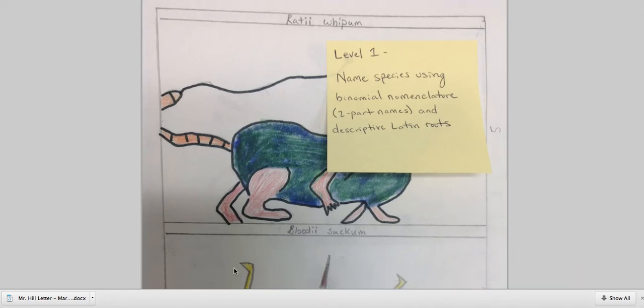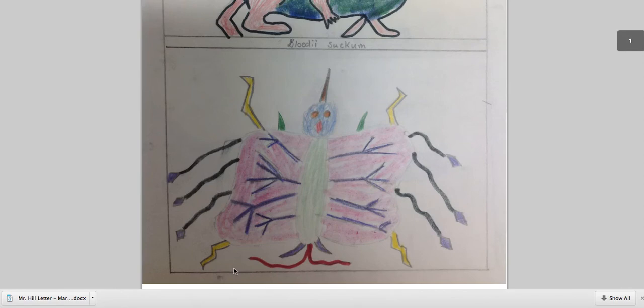Based on the picture of the organism that I've provided for you, you have to give it a name. I had to draw them when I was your age in doing this project, but I've already given you the picture. That name should match its physical characteristics, and it should be two parts and Latin sounding.